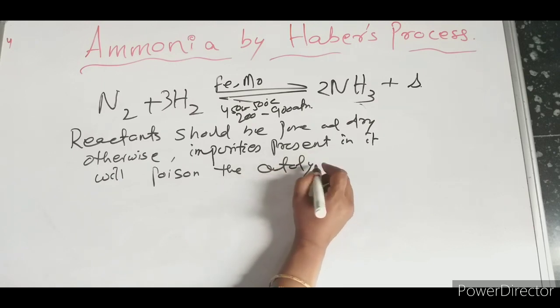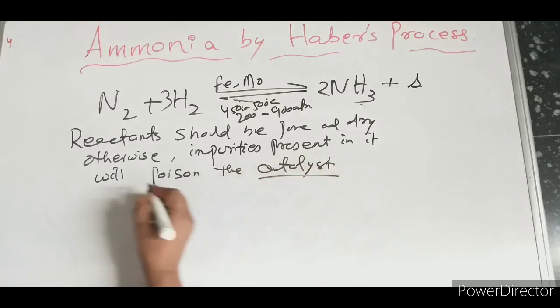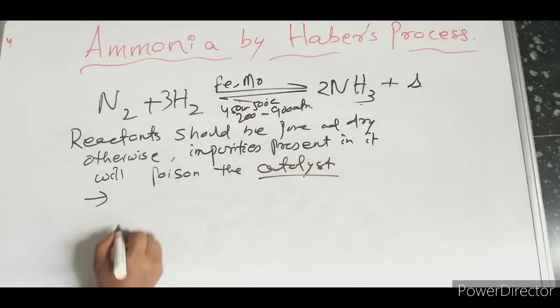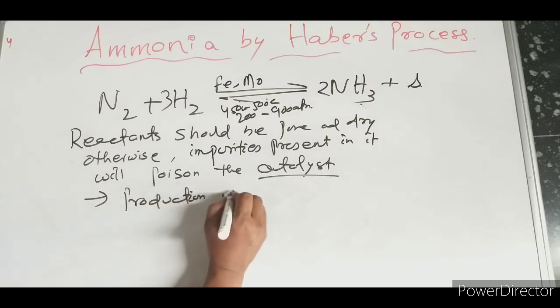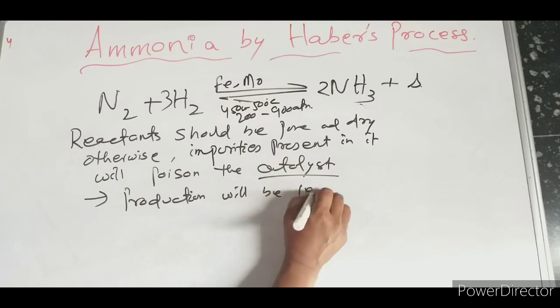If the catalyst is poisoned, what will happen? Obviously it will hamper the production, so production will be less.